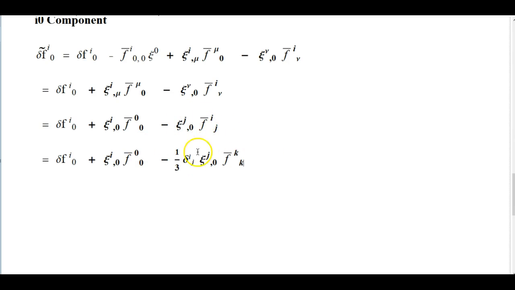F bar kk represents the trace of this matrix f bar ij. So f bar ij is 1 by 3 delta ij and trace.